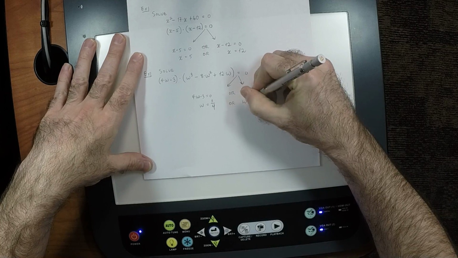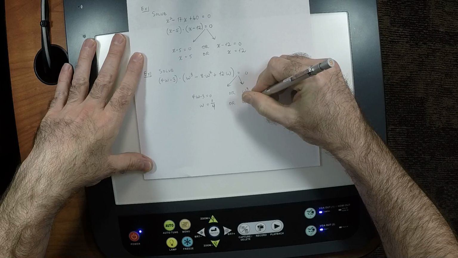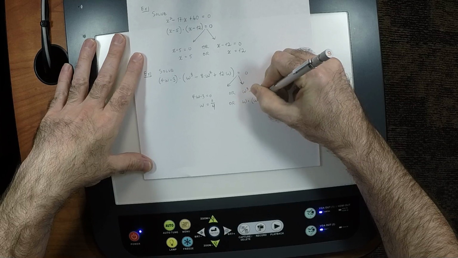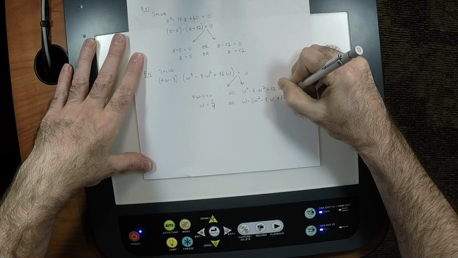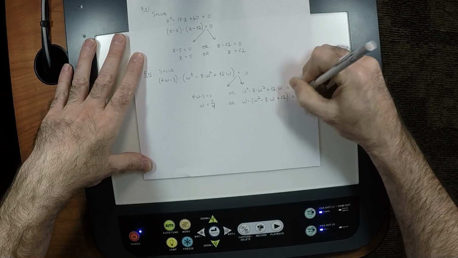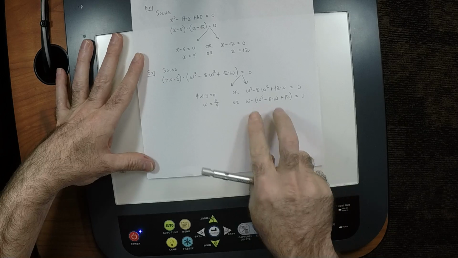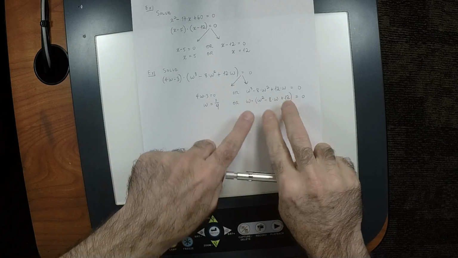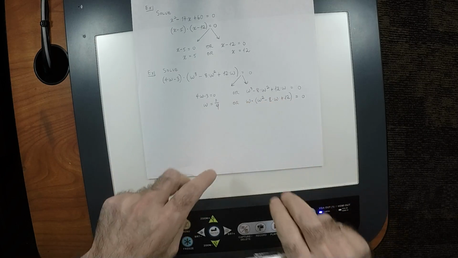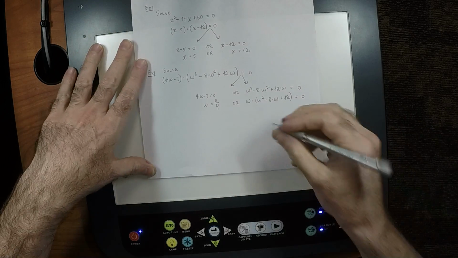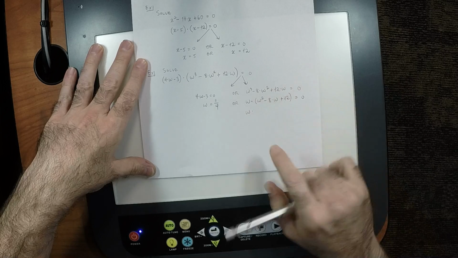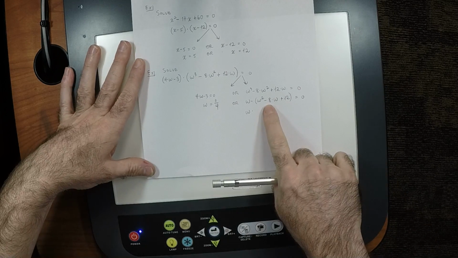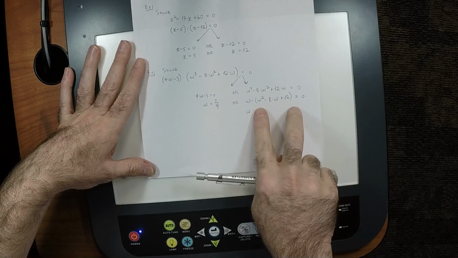So w multiplied by w squared minus 8w plus 12 is 0. And so, oh look, yet again, we can split it into parts. But I'm not going to do that just yet. And I want to ask, well, how about this quadratic that's in the parentheses? Does it factor?